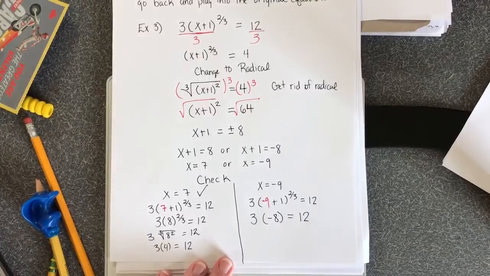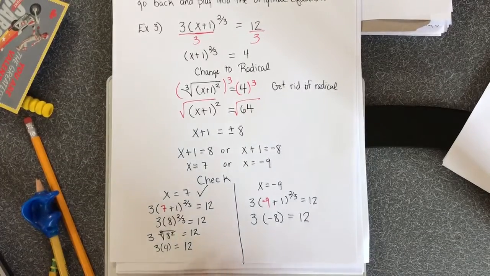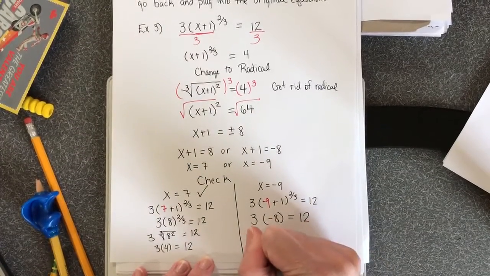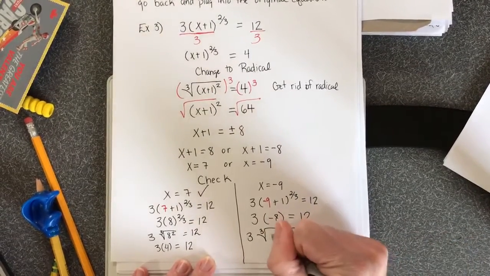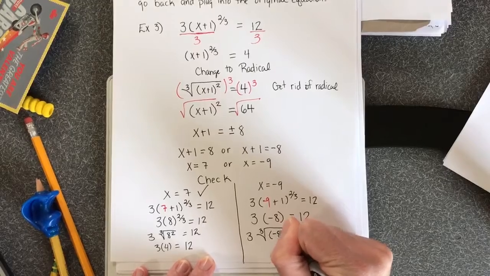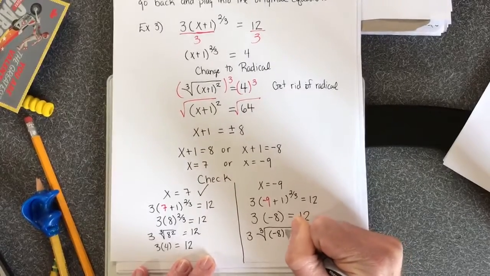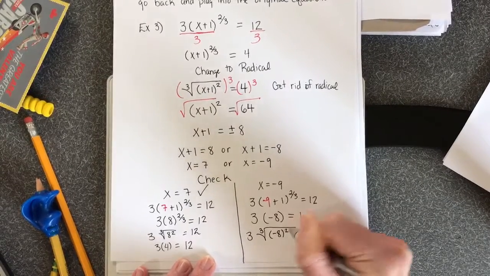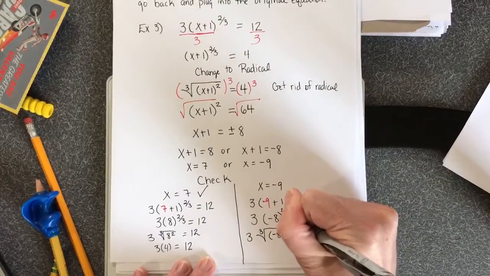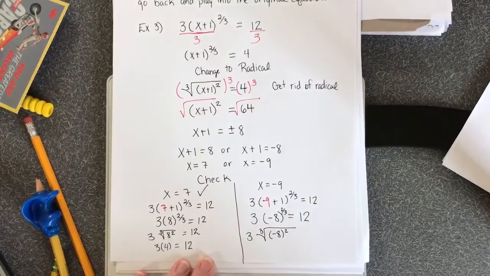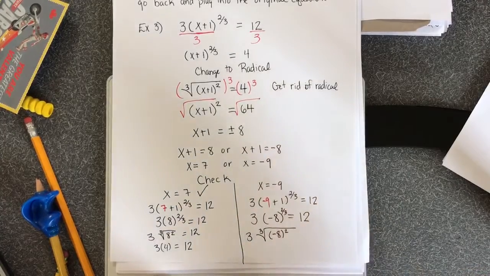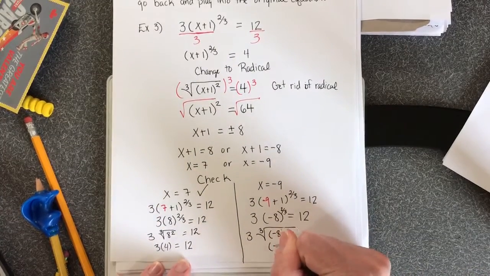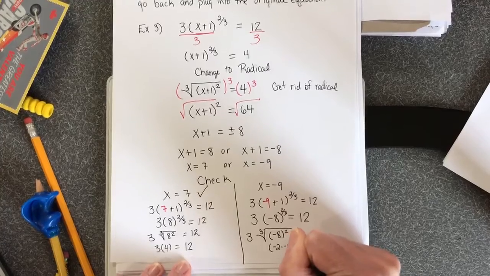And so I'm going to turn this one into a radical now. So 3 times the cube root of negative 8 squared. Okay, so I'm going to go ahead and break down negative 8. Because it's negative 8, that breaks down to negative 2 times negative 2 times negative 2.